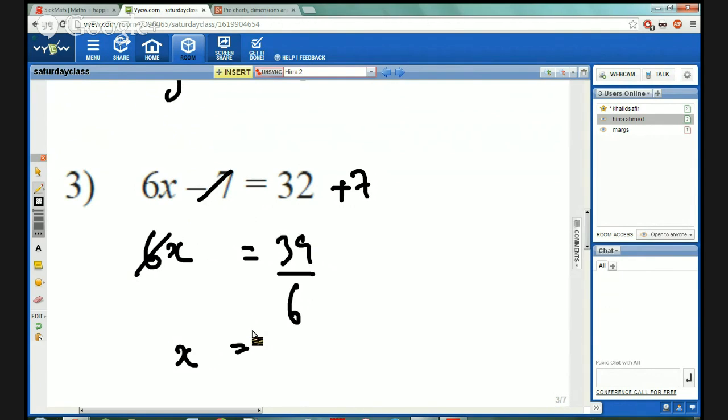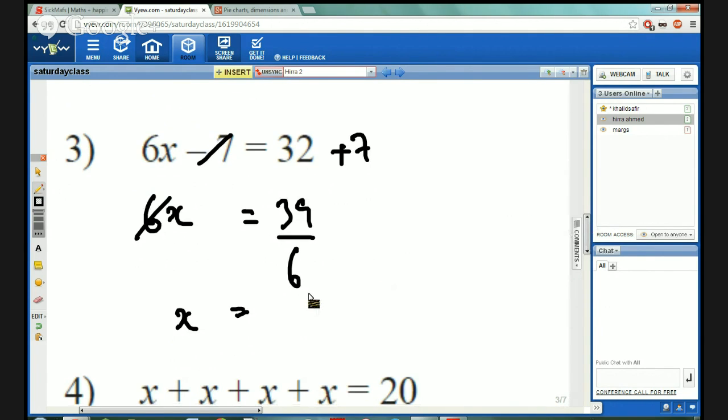I wonder how many times it goes. It goes 6 times, and then you've got 3 left over. So 3 divided by 6 equals 0.5. So 6.5.